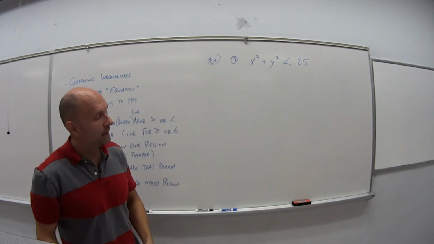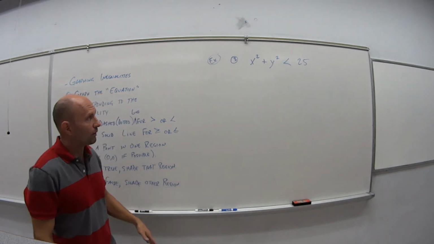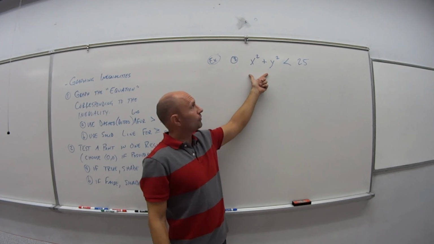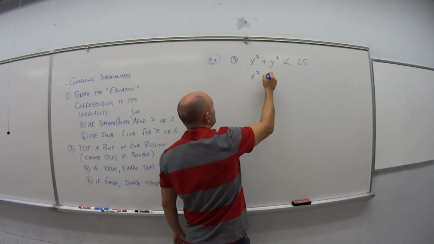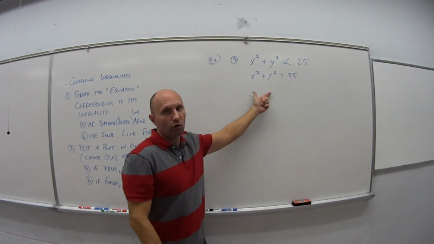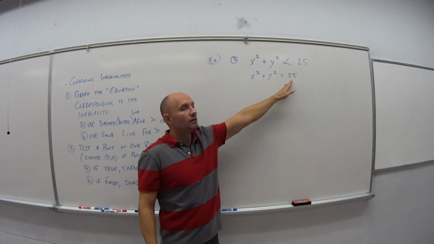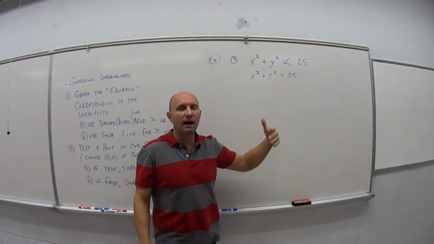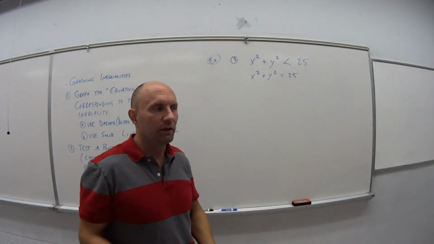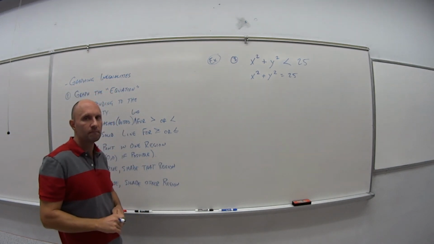Again, go ahead and try to give this one a shot. Hit pause. This is our circle. If we change the inequality to the equal sign, this is a circle with center of 0, 0. What's my radius? Square root of 25, which is 5. So go ahead and draw that. Pick your test point, see where your shading is. Come on back, see if you got it right.